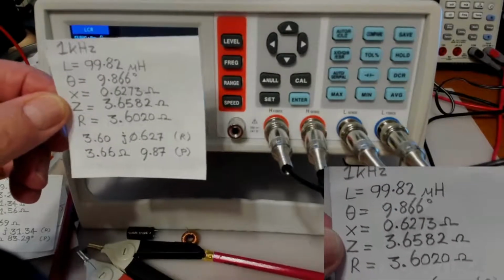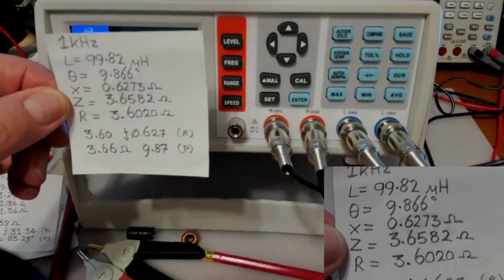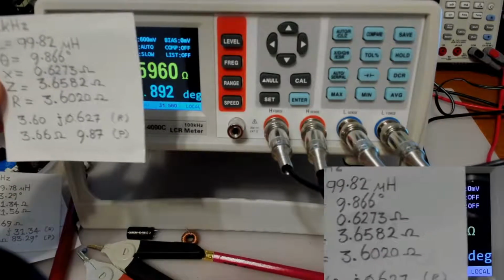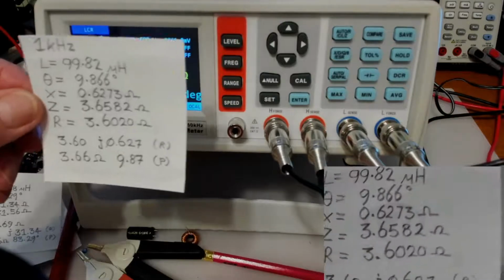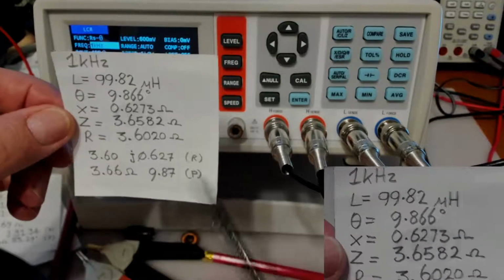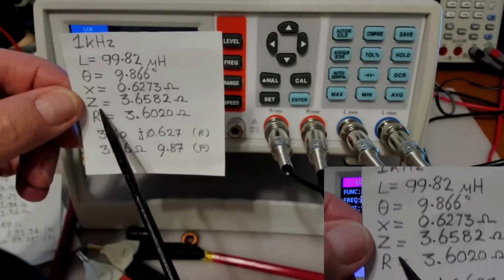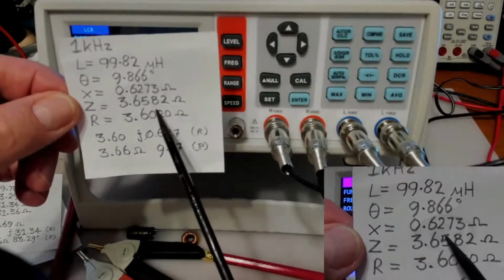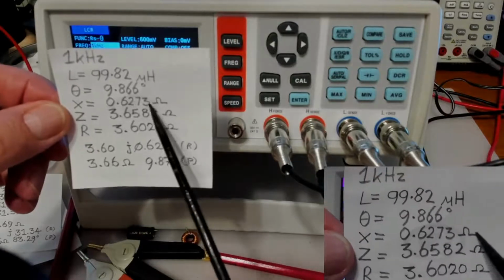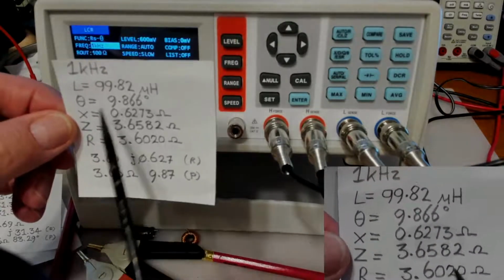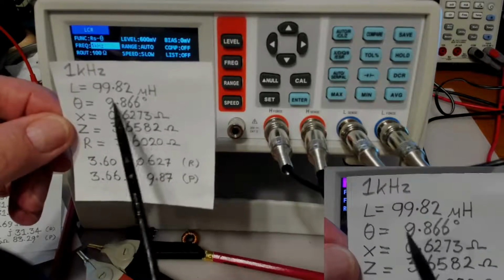So now the inductive reactance is 0.6273 ohms. The impedance is only 3.6582 ohms, and it's mostly made up of resistance rather than inductance, hence the very small phase angle.